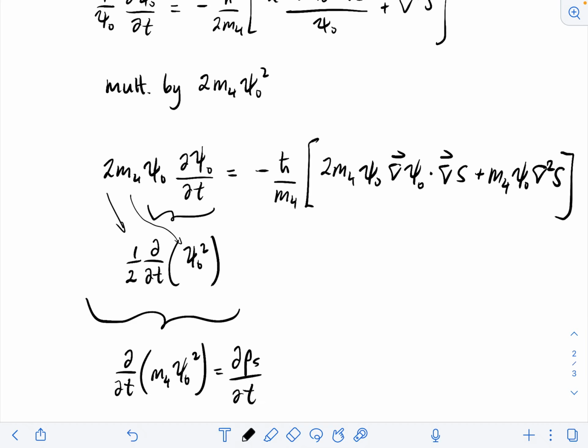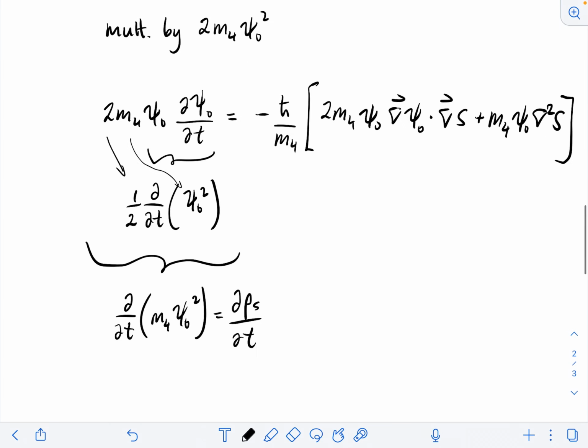Okay, let's see. Sorry, on the right-hand side, we have this m4. This should be a square because we multiplied by phi 0 squared. m4 times phi 0 squared is the superfluid density. And we can do something similar with this gradient of phi 0, something similar to what we did with the time derivative.